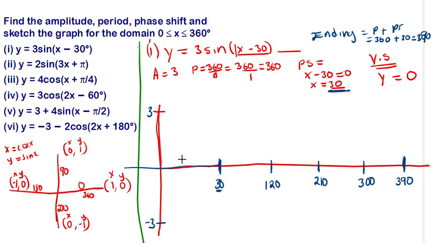I'll go back by 90, because the difference between this one and this one here is 90. That's the difference. So I will go back by 90 from 30. So I'll say 30 minus 90. The answer is negative 60.